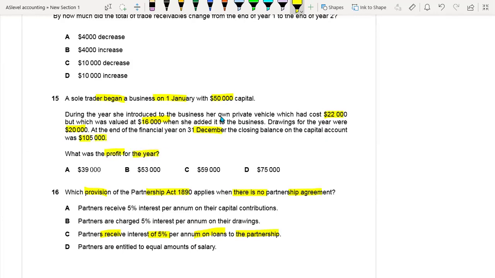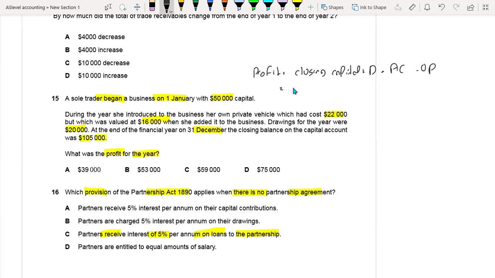So this is very simple. Basically, we have to do the reverse calculation. What is the formula for finding out the profit? Profit is equal to closing capital plus drawings minus additional capital minus opening capital.